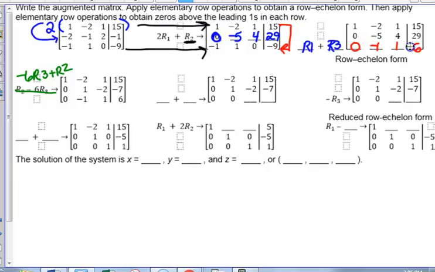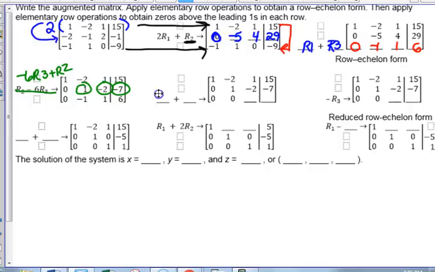They did this row down here by negative 6 and added it to the one above. So negative 6 times 0 added to 0 was 0. Negative 6 times negative 1 is 6. Added negative 5 became a 1 right here. Negative 6 times this became negative 6. Added to 4 was negative 2. Negative 6 times this was negative 36. Added 29 became negative 7. That's where they got that one.